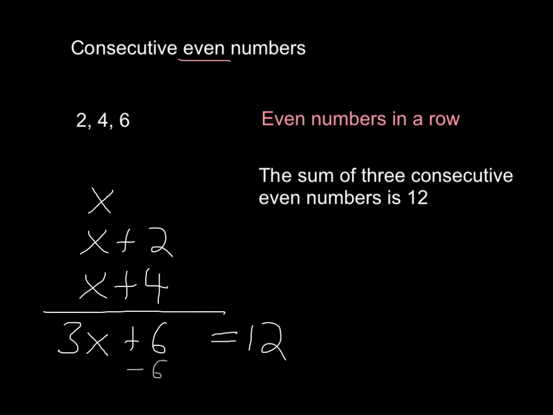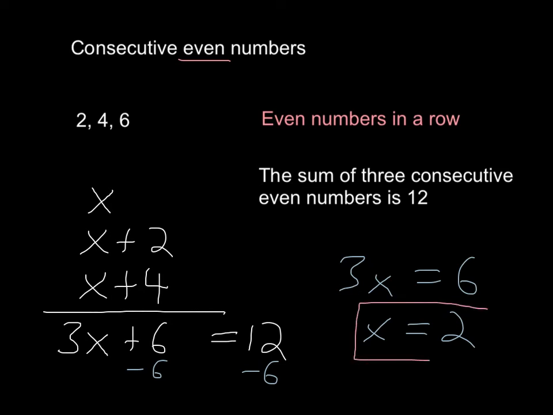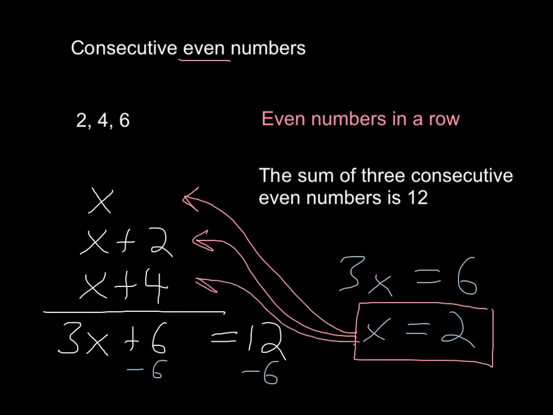I'll subtract 6 from both sides, and I'll end up with 3x equals 6, or x equals 2. Now I have my first number, and if I plug it back into these, I'll get my second number and my third number. x equals 2, 4, and 6. Those are 3 consecutive even numbers that add up to 12.